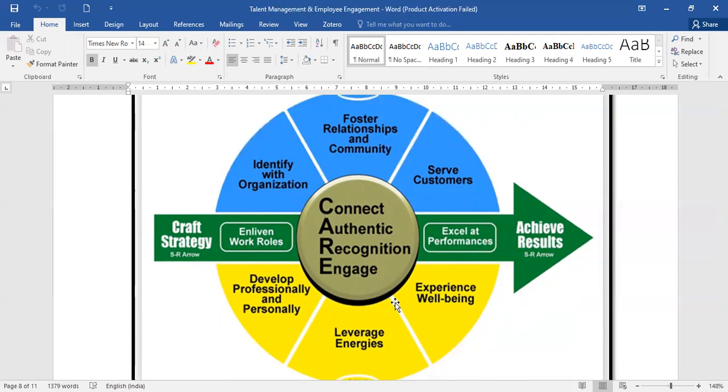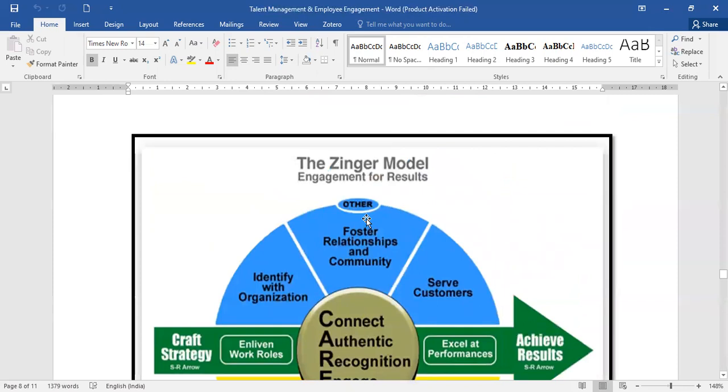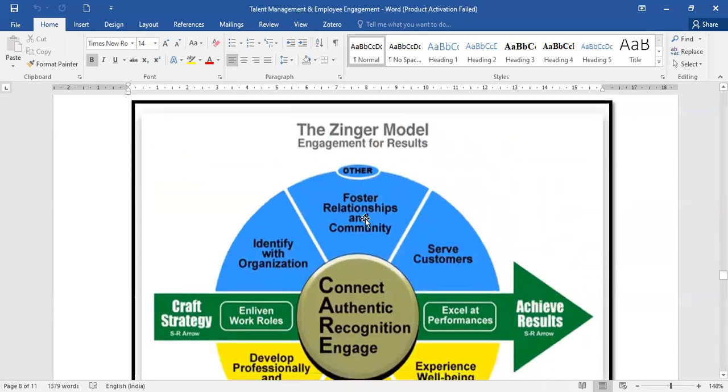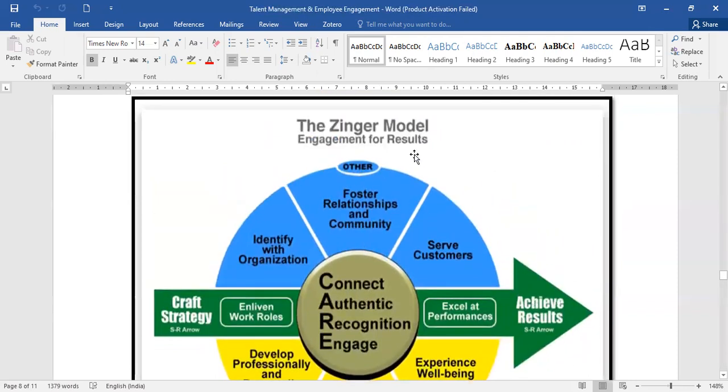For example, the managers need to work on the self, or the managers need to work on others. That is, in order to get the work done, the manager needs to understand what he needs to work on himself and what he needs to get from others. So achieve results will help you to understand the requirement, and it will excel the performance.